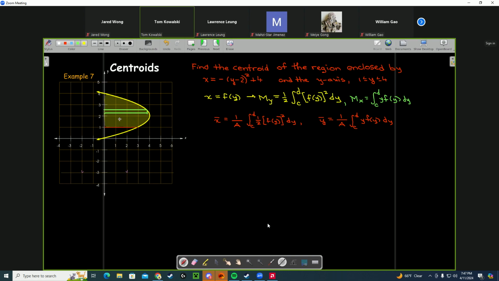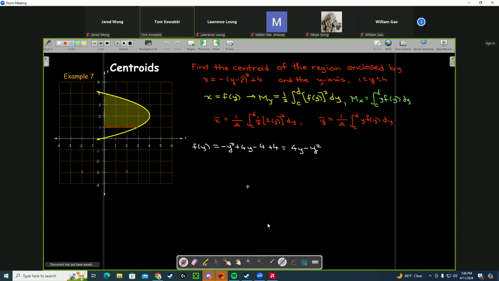So I would really like to encourage you to always think of these in terms of having a reference rectangle that you can use to help you remember how these formulas come about, just to avoid the confusion.